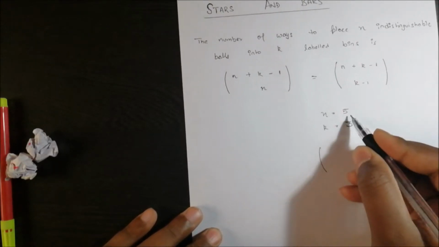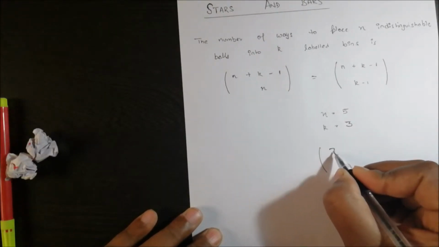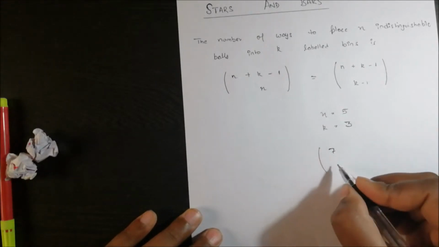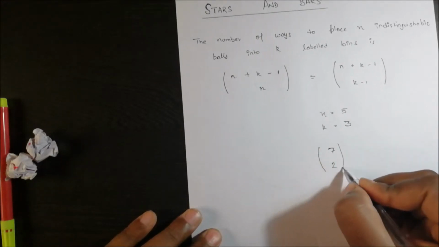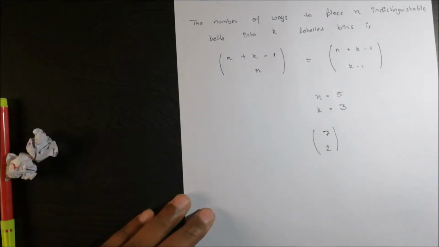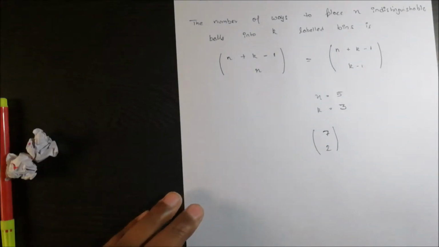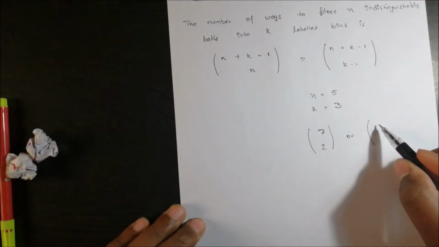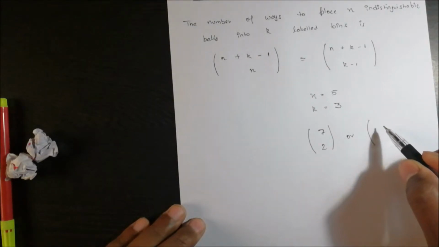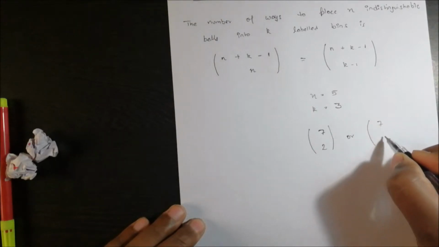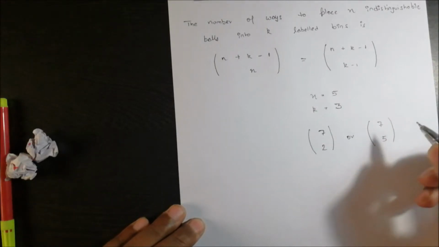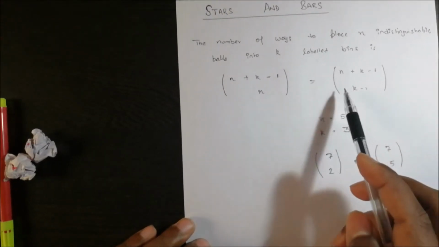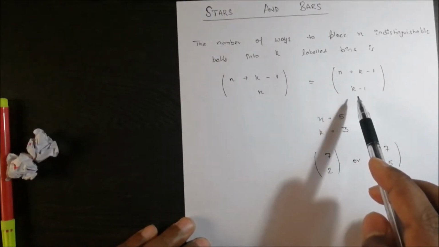So out of 7 positions, 5 of stars and 2 of bars, we need to select 2 positions to keep our bars among those 7 positions. Or we can also say that among the 7 objects, we need 5 positions to keep our stars, right? Both are the same. These two formulas are exactly the same.